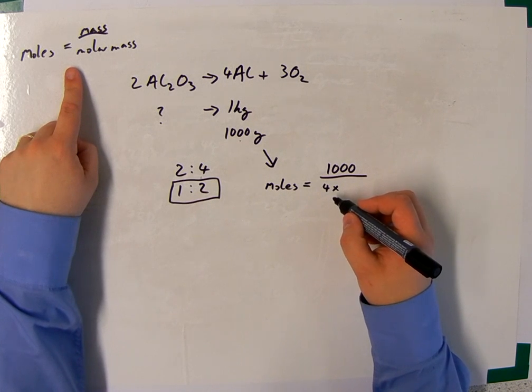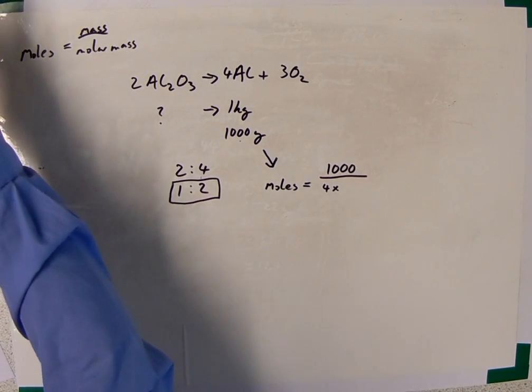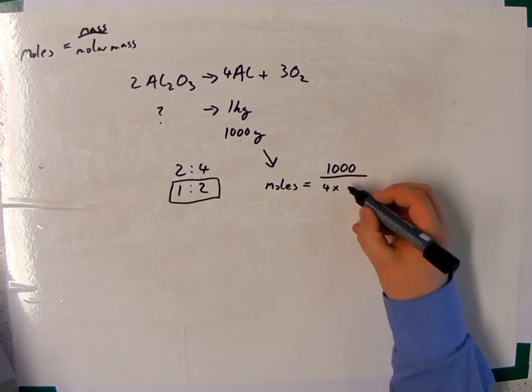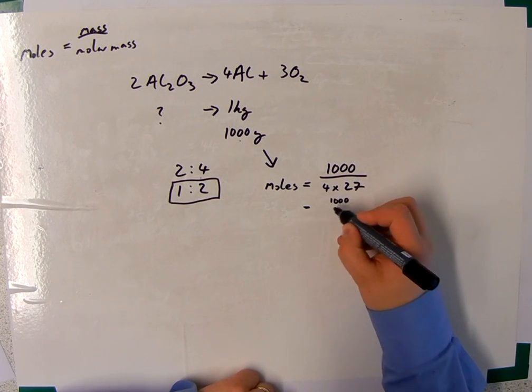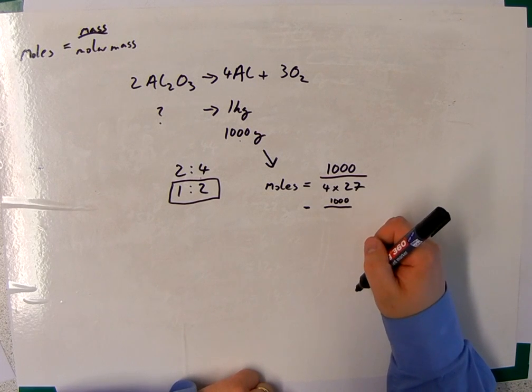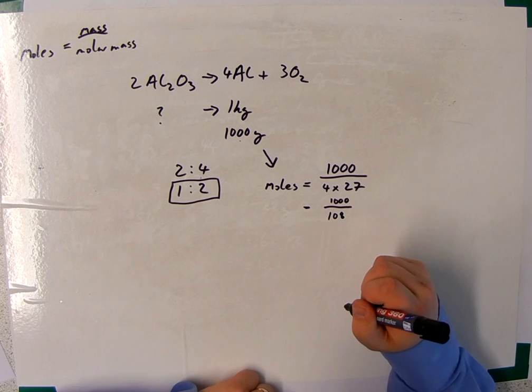Aluminium is 27. So it's 1000 divided by 4 times 27, 108.